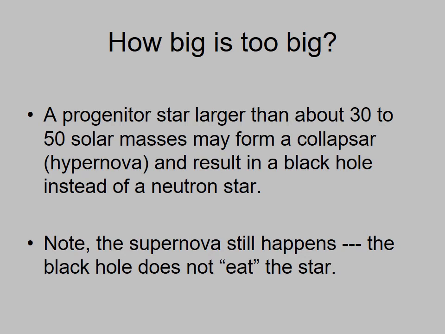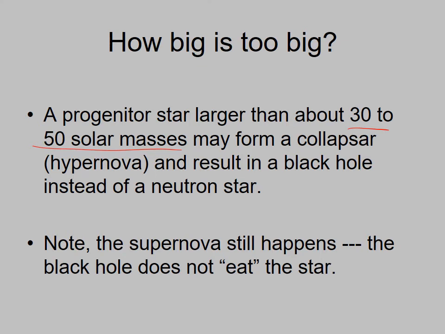If you get over 50 solar masses, we're pretty sure you get a black hole. So some books say, between 25 and 30 solar masses, if you get bigger than that, you get a black hole. Other books say you have to get bigger than 50 solar masses. It's not exactly clear as to how elastic neutrons are when you get the collapse. So somewhere in the range of 30 to 50 solar masses is probably this delineator.